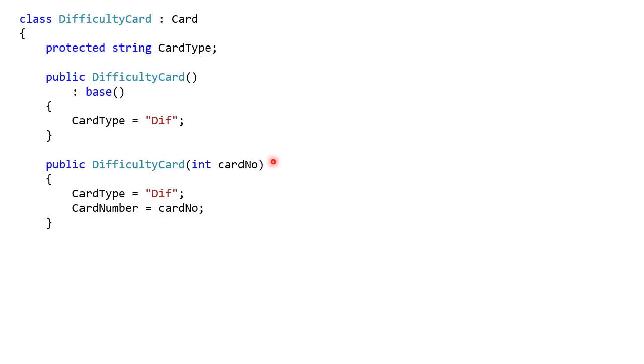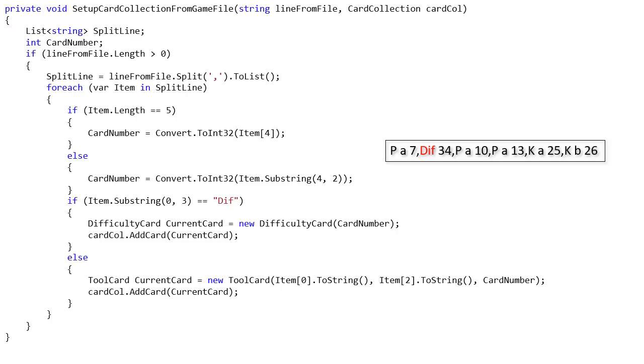And it simply sets the card type to diff and card number to the card number that was passed in as a parameter. So just returning to looking at what would happen when it processes this line from the file, which it's just created the difficulty card, it would now add that card to card collection, calling the add card method.